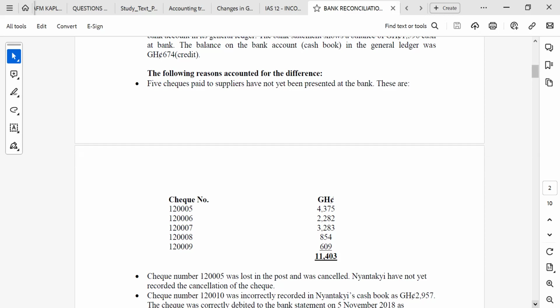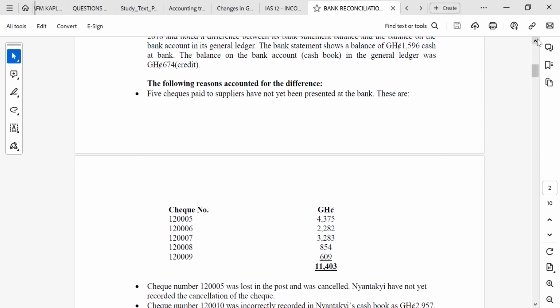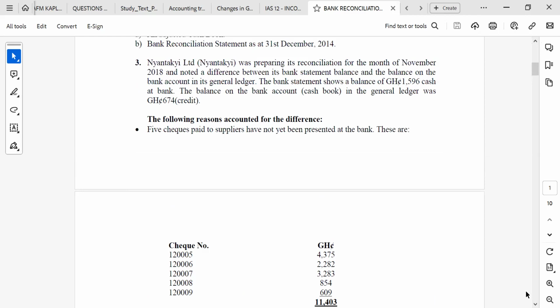Check number 12005 was lost in the post and was cancelled. Nyantechi have not yet recorded the cancellation of the check.